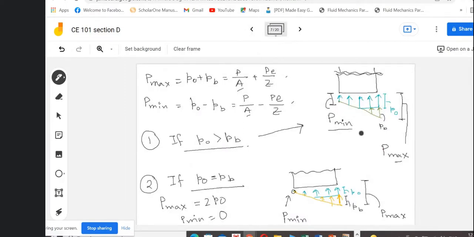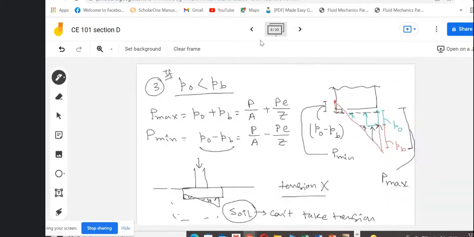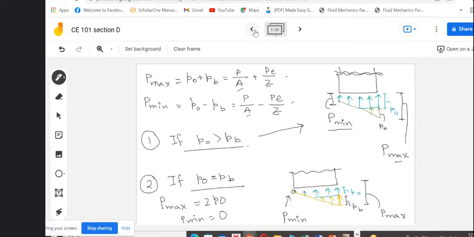What is the condition, if we talk about this P naught and PB, for which the entire stress remains compressive?